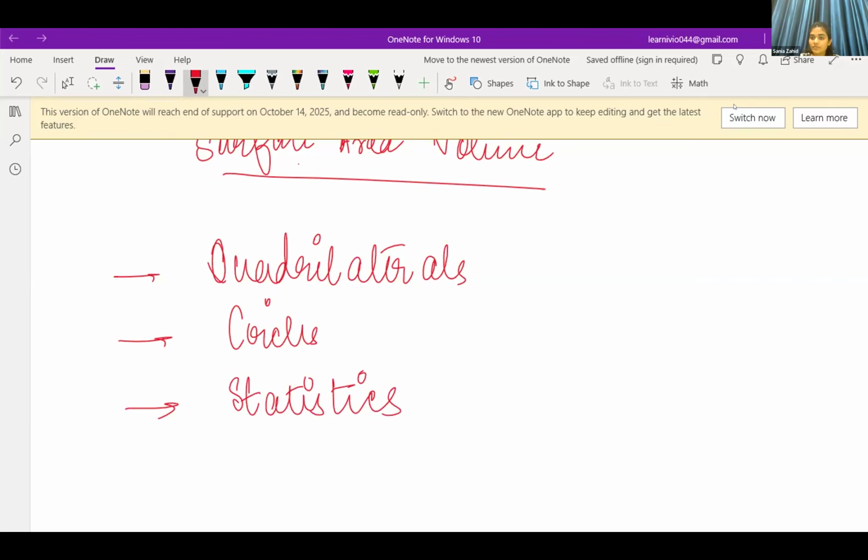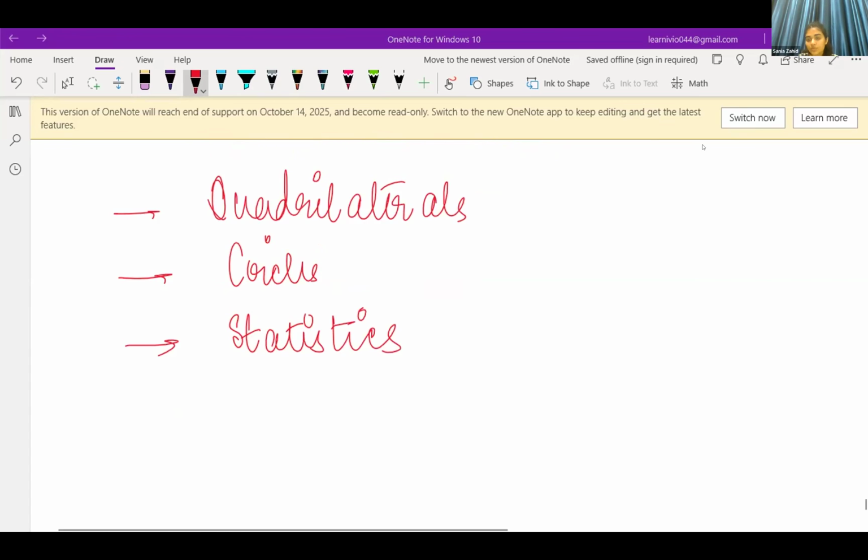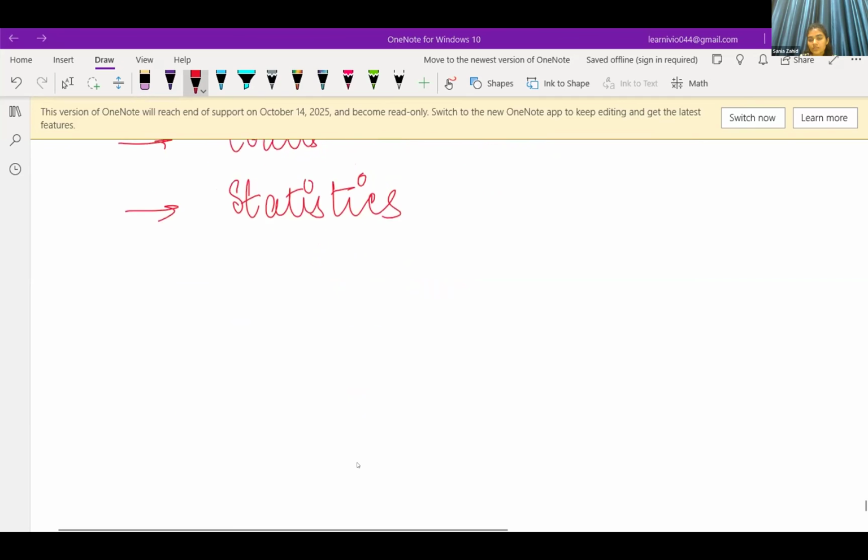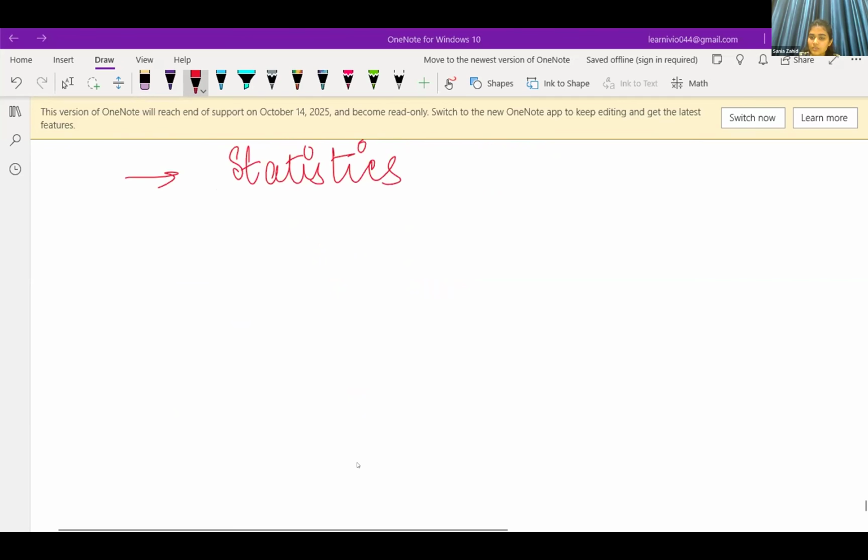Ma'am, from next class onwards we'll be starting with quadrilaterals in school. Okay, Umema, what about you? Ma'am, we are doing circles right now. We have done quadrilaterals. You've done quadrilaterals and then you're doing circles. Okay, and Abdullah, what about you? Abdullah, do you hear me? Children, I'm audible to everyone, right?